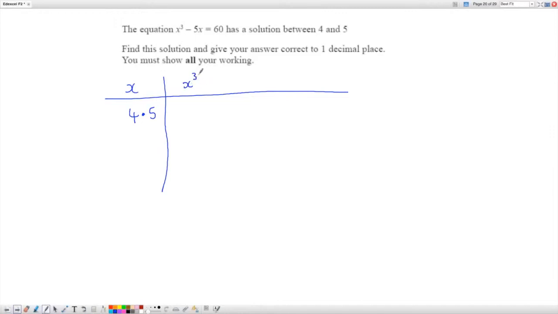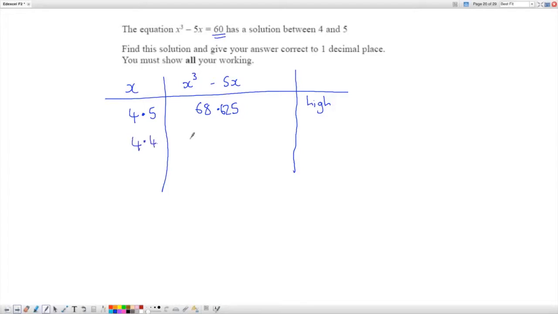Substituting that in, x to the power 3 minus 5x, using your calculator, you'll get a value of 68.625. We then compare this to the answer of 60, and we can say that this, 68, is too high. So we must bring down our x.